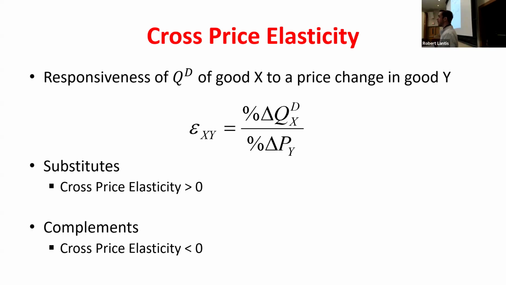And then you could have the exact opposite, right? If I saw income go down, and as a result, people bought more of this good, I'd have a positive change over a negative change. I still have this negative income elasticity of demand. Anytime that income elasticity of demand is negative, that's telling me it's an inferior product. And that kind of helps. That one's kind of intuitive. A positive income elasticity, they're normal goods. Negative income elasticity are these goods we don't really want to be buying, or these inferior products.